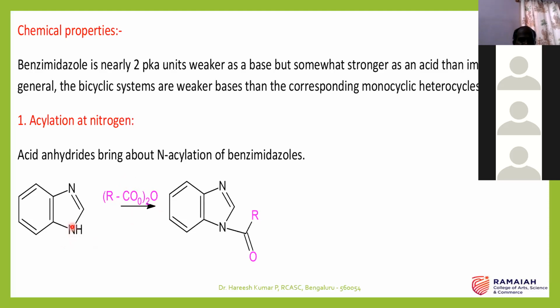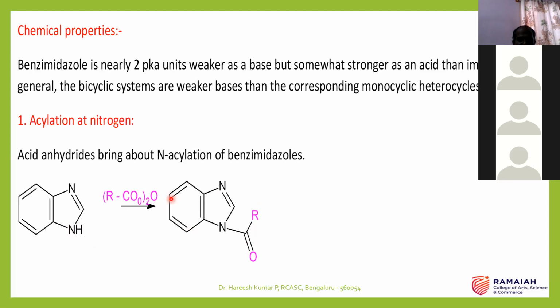The anion, the bonded pair or lone pair, can attack the electron deficient carbon, forming an N-acyl group. This is called N-acyl benzimidazole. This is one chemical reaction example of benzimidazole.